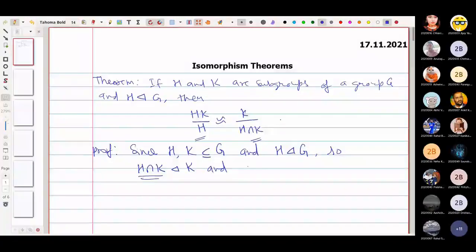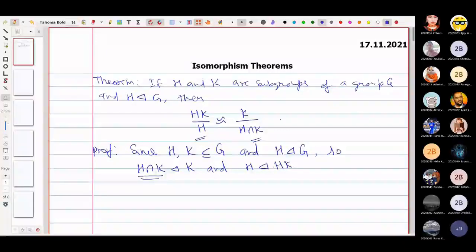And also you can verify that H is normal in G, and you know that HK is a subgroup. If you remember that result, if H and K are subgroups, then their product need not be a subgroup. This product HK becomes a subgroup if HK equals KH.